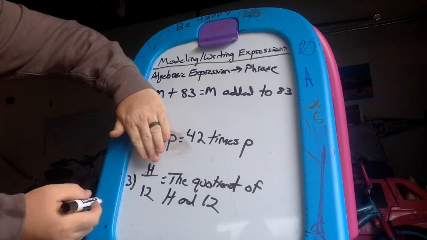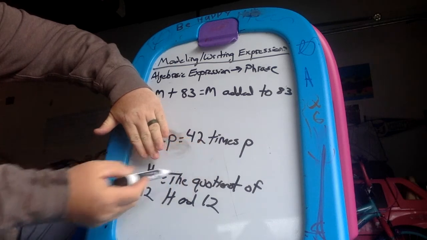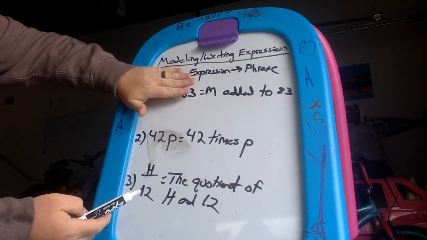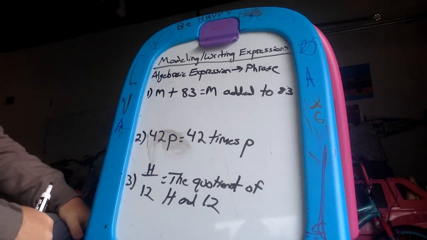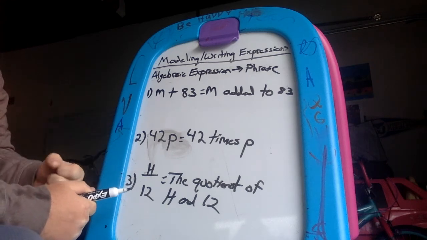Same thing for here. If you read me the expression and the phrase 42 times p, I should be able to look and say 42p. They both apply. And the same thing with here. m added to 83, same thing, m plus 83. So again, you can go on and on with division, multiplication, subtraction, and addition.